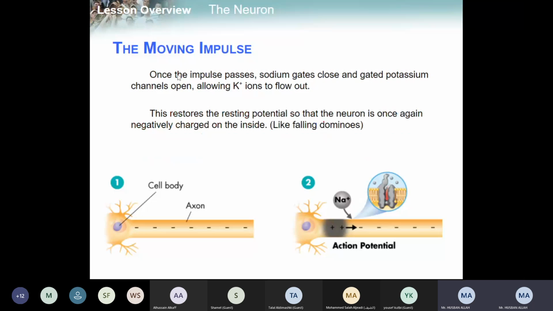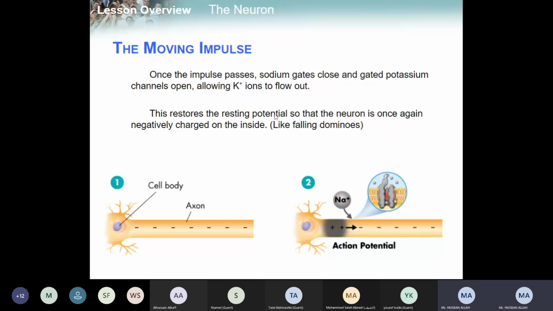Once the impulse passes, the sodium gates close and the gated potassium channels open, allowing potassium ions to flow out.